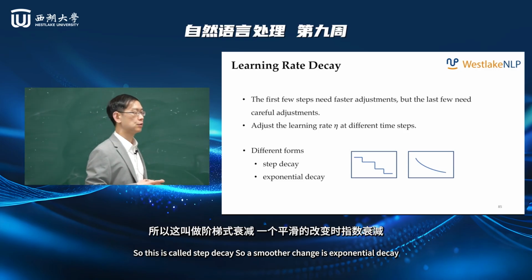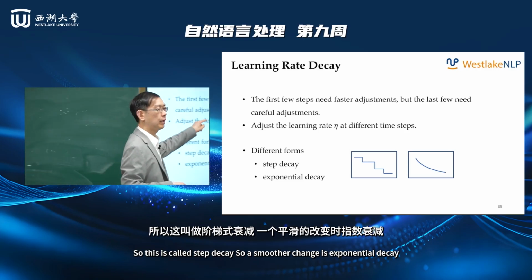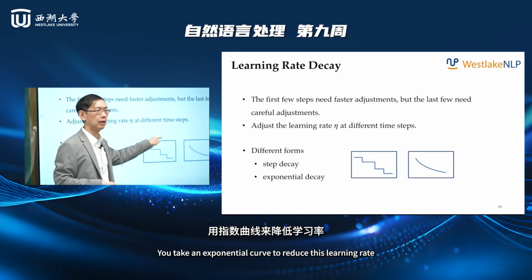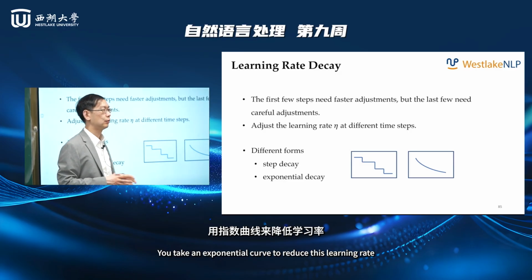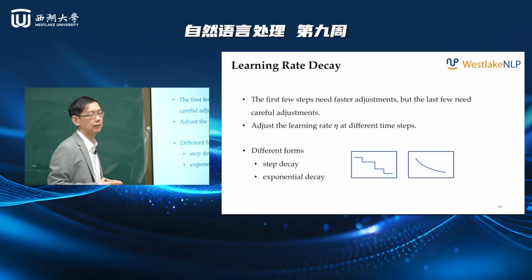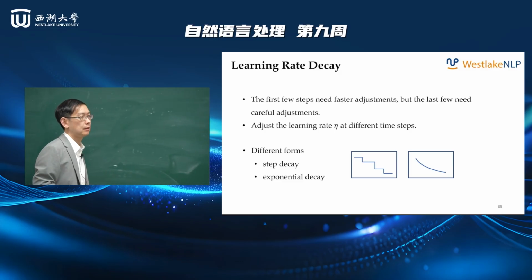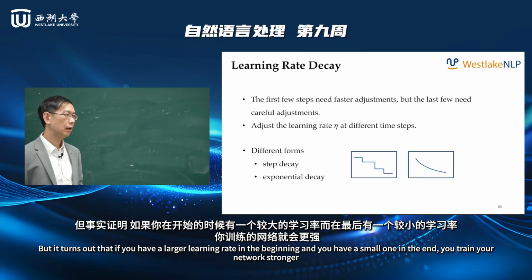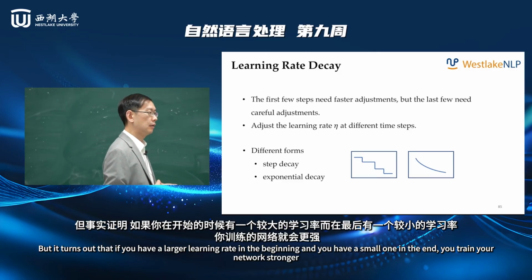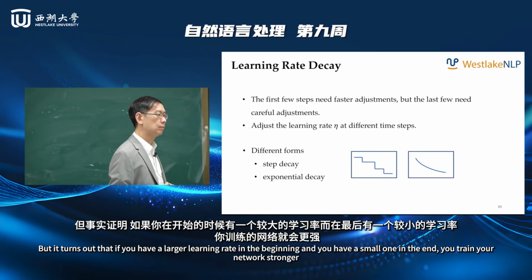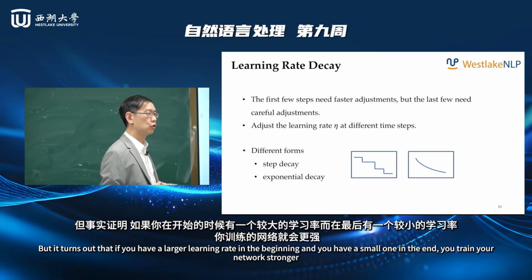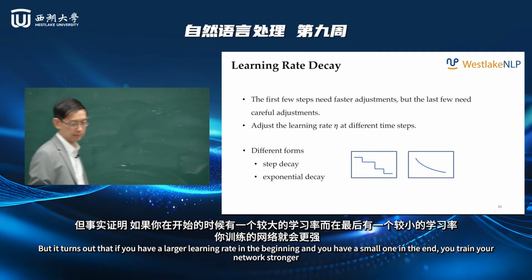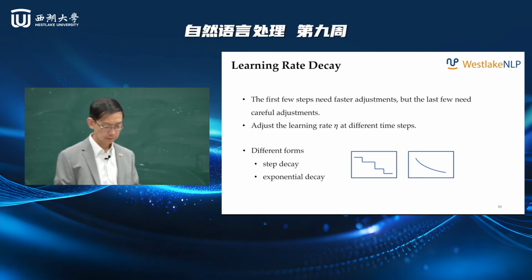A smoother change is exponential decay. You take an exponential curve to reduce this learning rate. It turns out that if you have a larger learning rate in the beginning and a small one in the end, you train your neural network stronger.